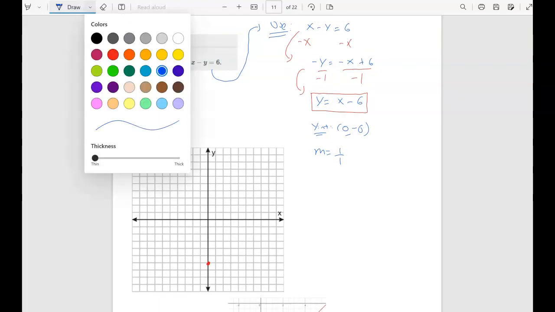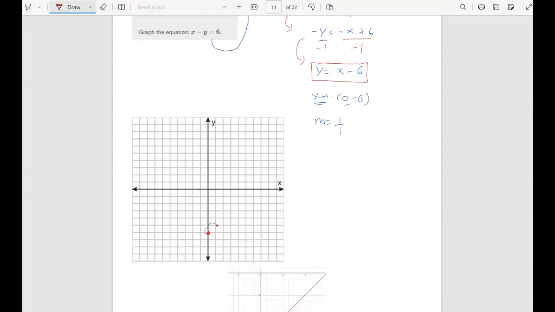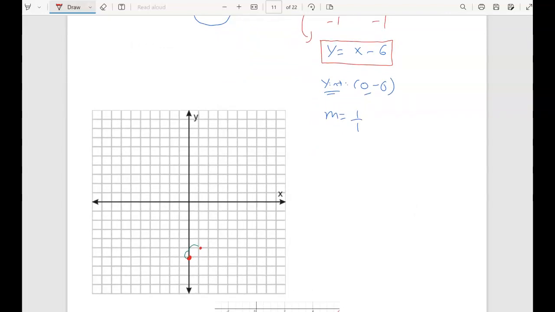From the y-intercept, I'm going to go 1 unit up and then 1 unit to the right. I'm just following the value of the slope. That's going to give us the second coordinate point. In the last step, we connect those two. That would be our line. Don't forget the arrows.